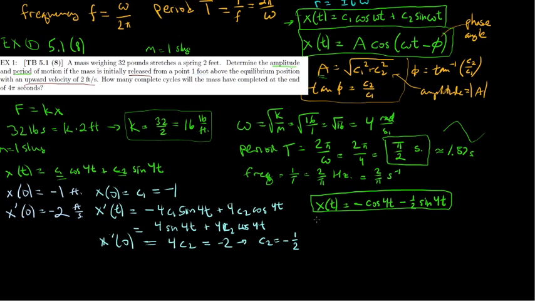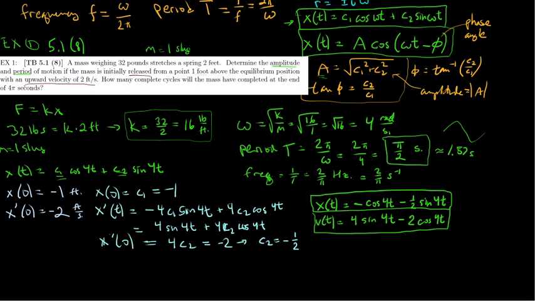And if you want the velocity as a function of time, remember that's just the derivative. So that'll be positive 4 sine of 4t, and then minus 2 cosine of 4t. 4 times t, not 40.